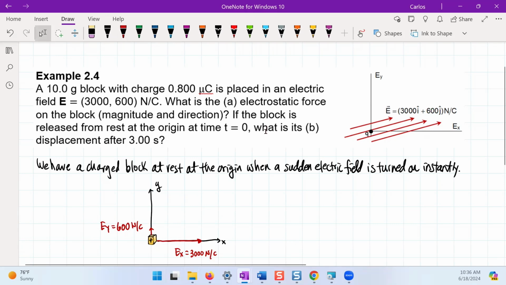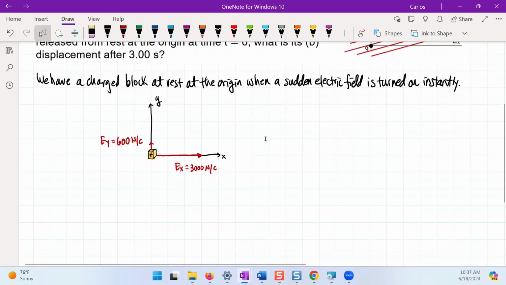But we want to calculate the electrostatic force here. So let's go do that.